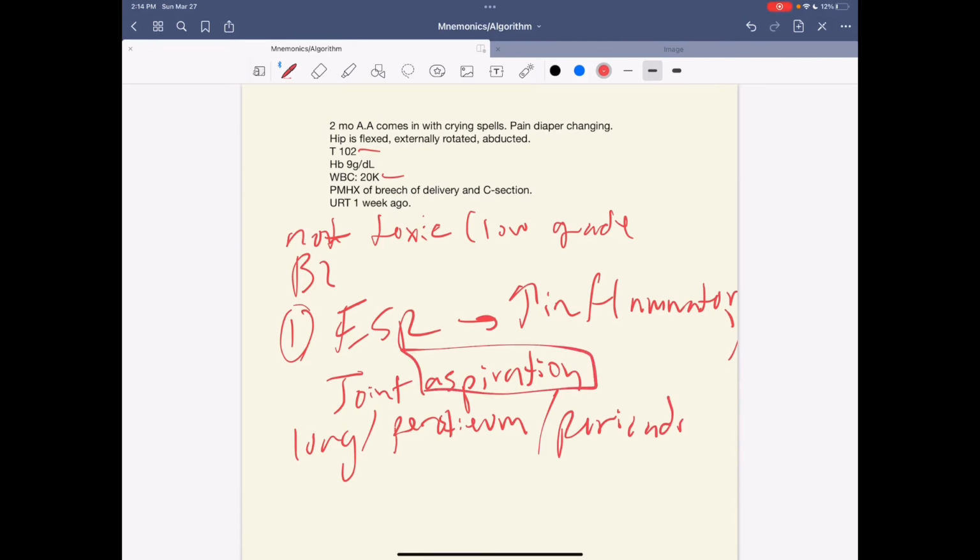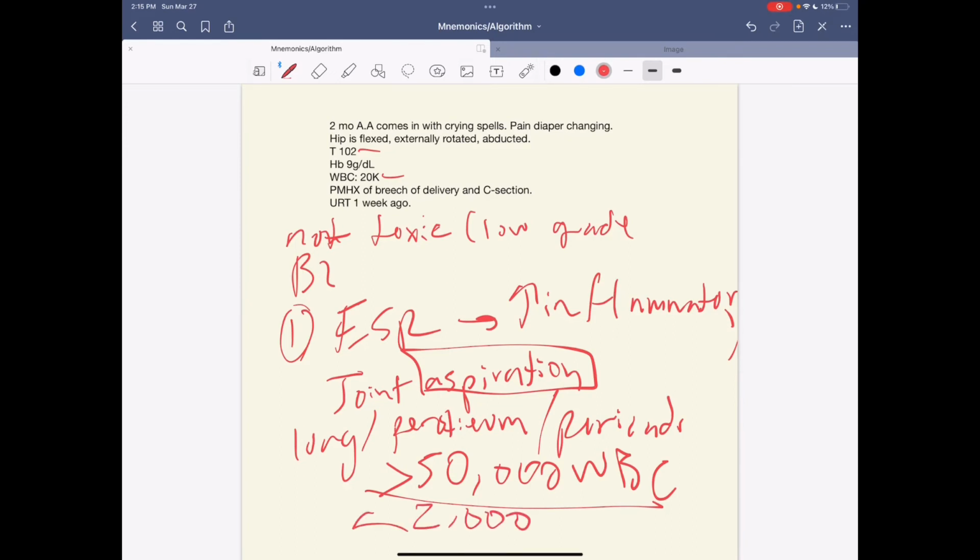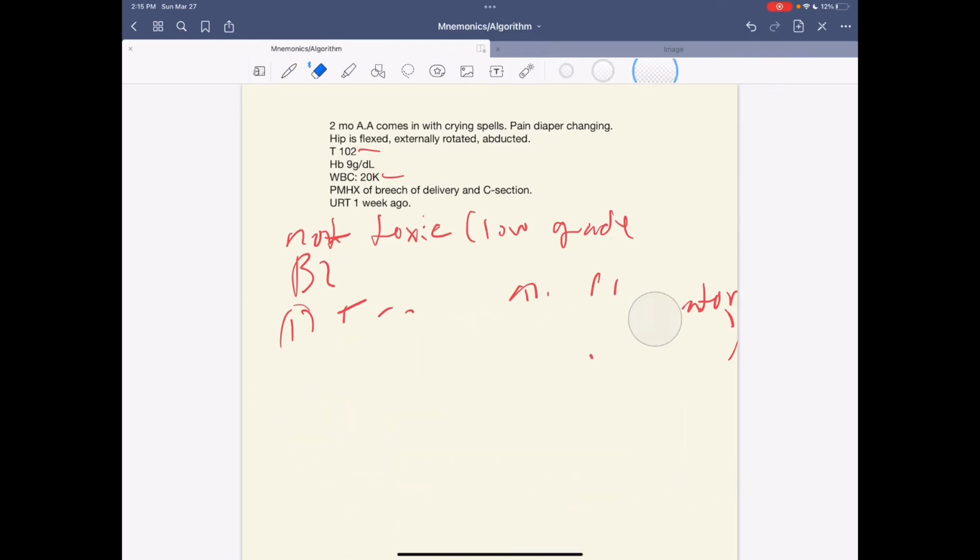You want to see what's there, what's causing that fluid, what the fluid is. Obviously septic arthritis would be 50,000 or more WBCs. That's the key, 50,000 or more. Transient synovitis will be really low, under 2,000. So there's that for transient synovitis that I just wanted to touch base on.